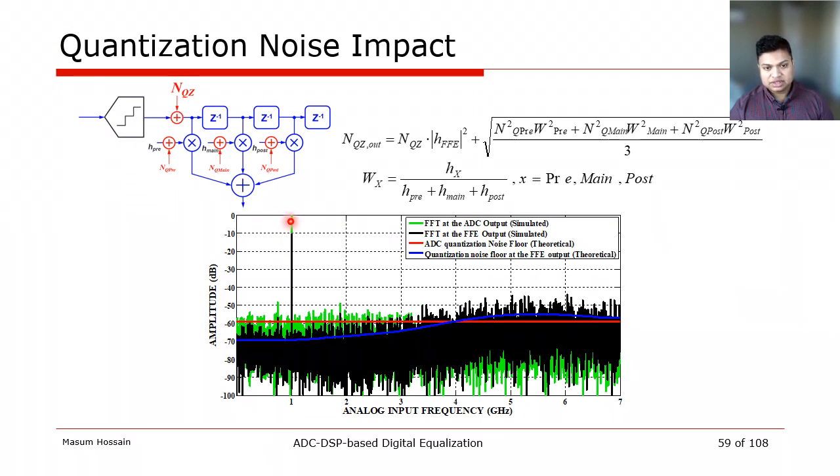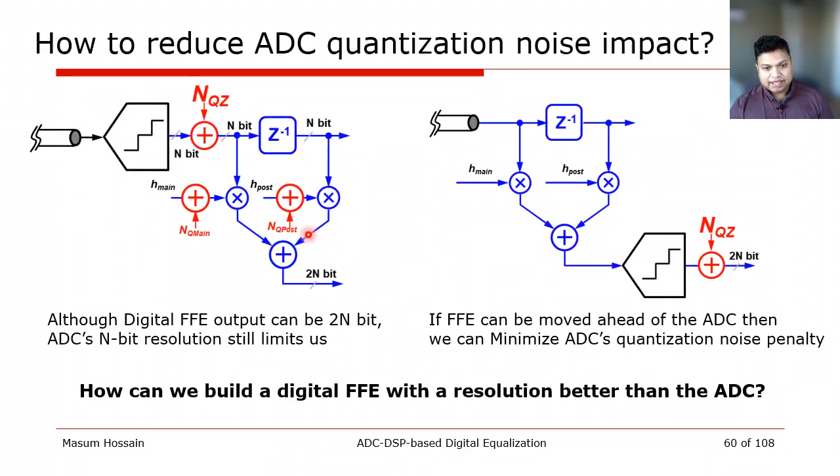And due to that, you can see the signal has dropped and the noise floor on this part has been enhanced, meaning that at this output it will be difficult to even maintain the n-bit SNDR requirement as it was available at the output of the ADC. Which means that although I am doing the computation of the FFE with 2n-bit resolution, my ultimate resolution is already set by n-bit or even lower than that.